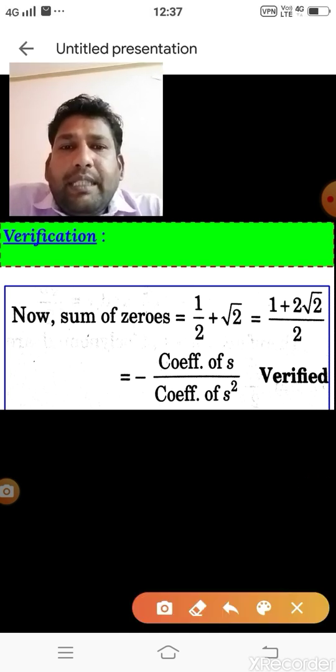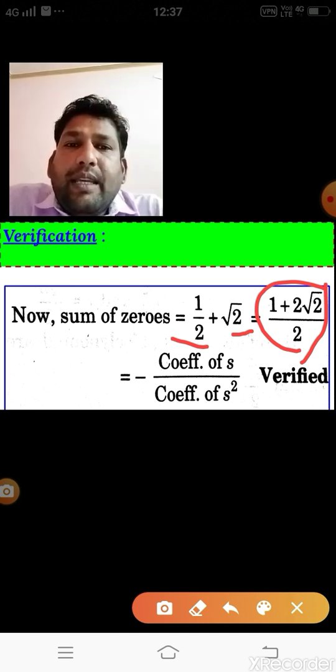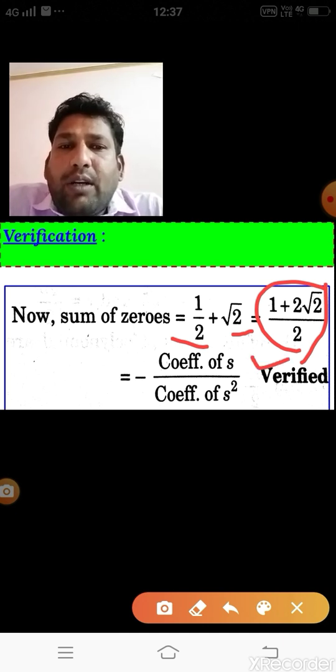The sum of the zeros: adding 1 by 2 and root 2, on taking LCM we get 1 plus 2 root 2 upon 2. In the standard equation given to you, this is equal to minus the coefficient of s upon the coefficient of s square, meaning minus b upon a.